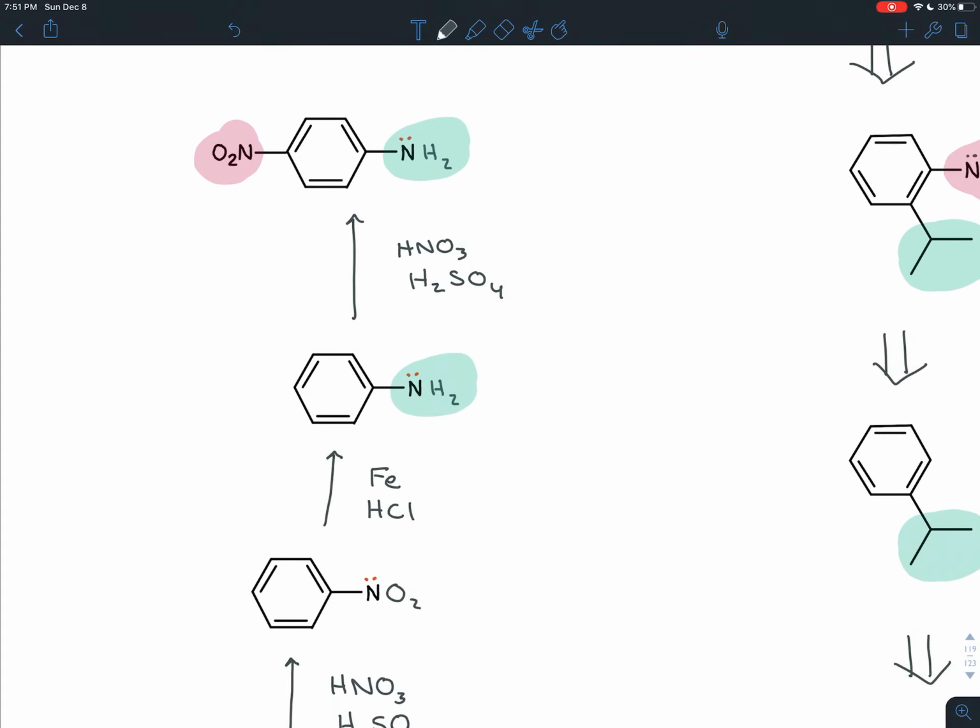The problem is this amine is a base, and these are acids, so they'll interfere with each other. This will do an acid-base neutralization reaction instead of the nitration. This will just steal all the hydrogens for itself, and you won't get the mechanism that we drew for that on a previous test. Then you won't end up getting the nitro group added.